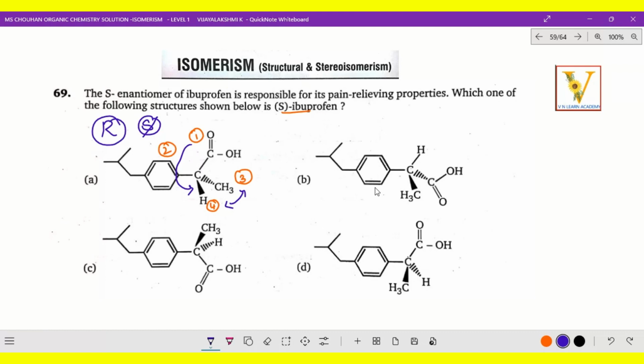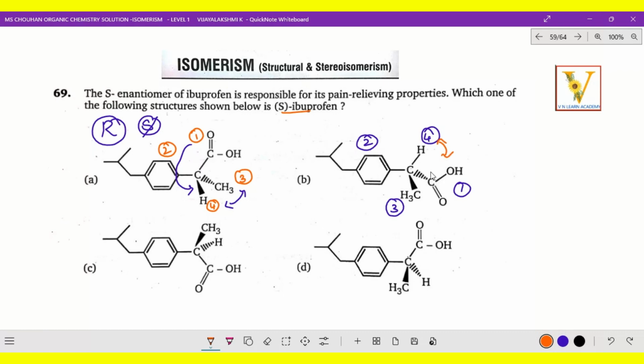Okay, now the second one. The same way, here is priority 1, this is 2, this is 3, and this is 4. The fourth priority has to be on the dash, so here also an interchange is taking place, between this side and this side.